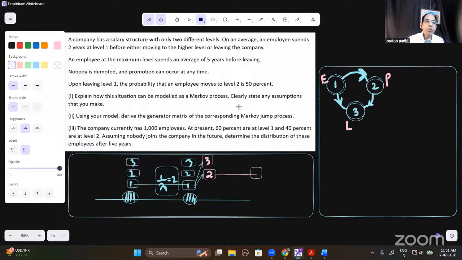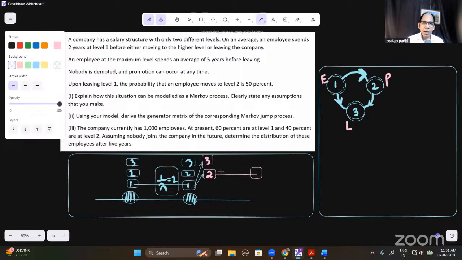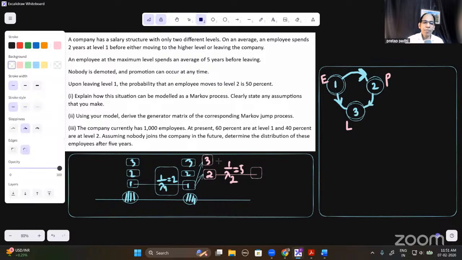The waiting time in 2, how many years is it given on an average? It's given 2 years at level 1, and then 5 years before leaving. So if he goes to stage 2, on an average he stays 5 years. So I'll write lambda 2 is equal to 5 on an average. But what is the waiting time, the holding time?